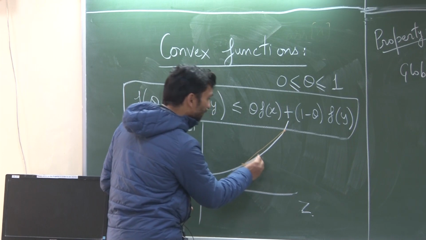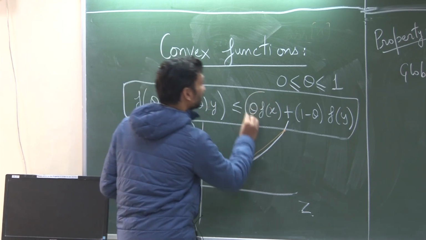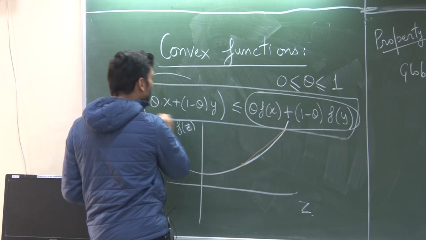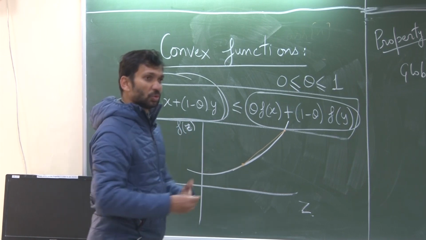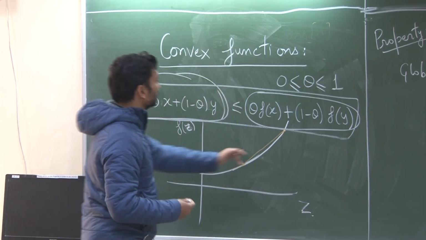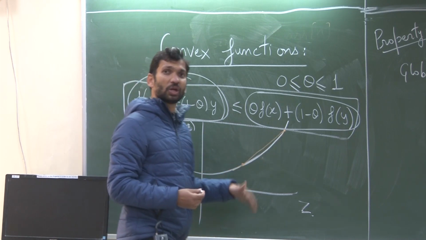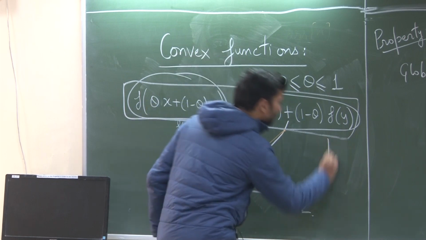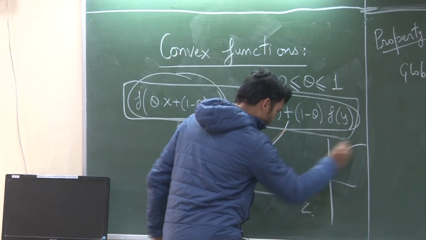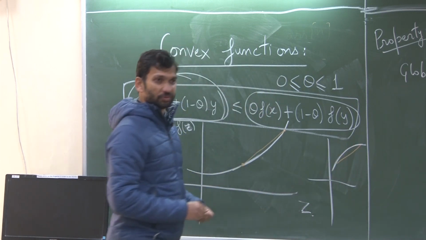So, the white line is lying below the orange line. This is the value if the function was linear, this is the actual function value. So, actual function value is below the value anticipated if the function was linear. This is called a convex function. The opposite would be a concave function where the anticipated value is below the function value.